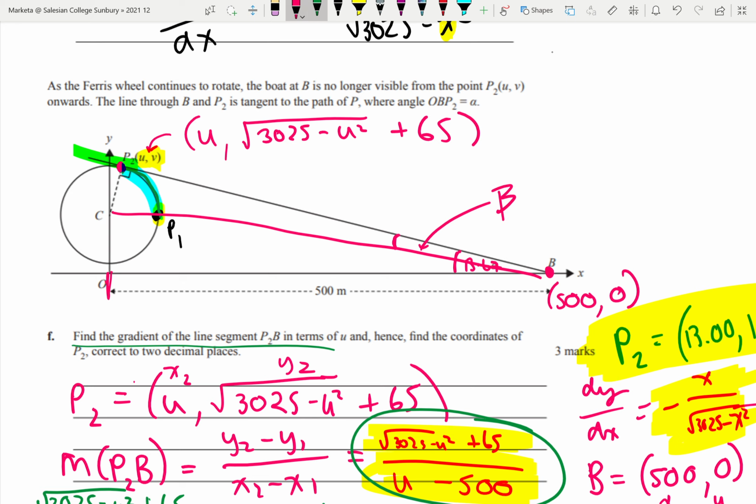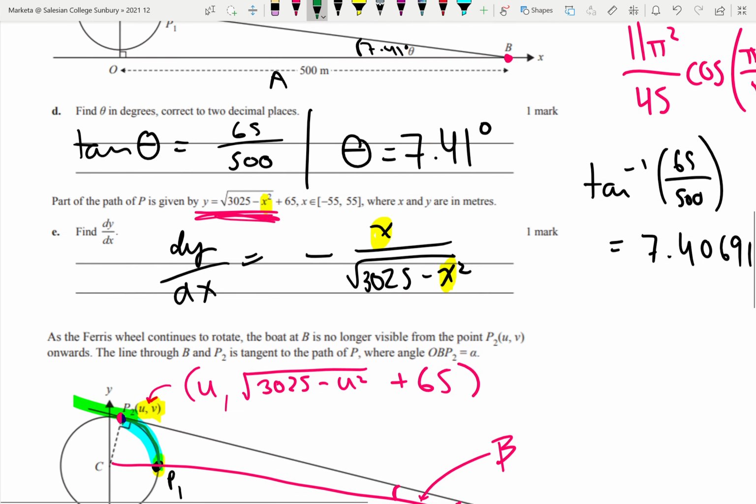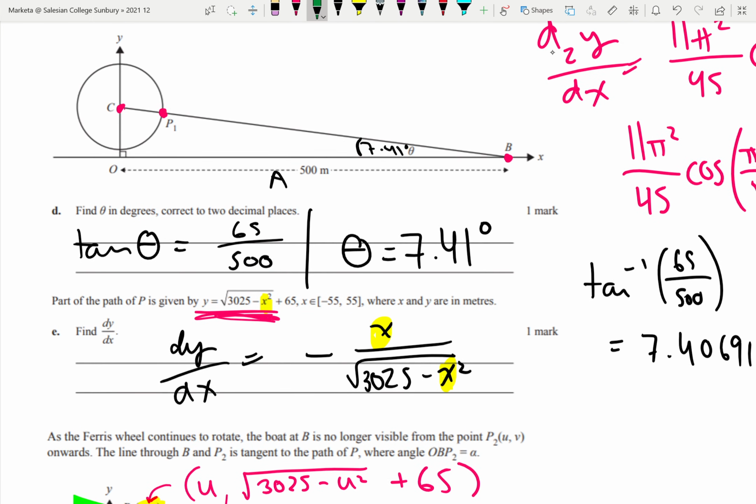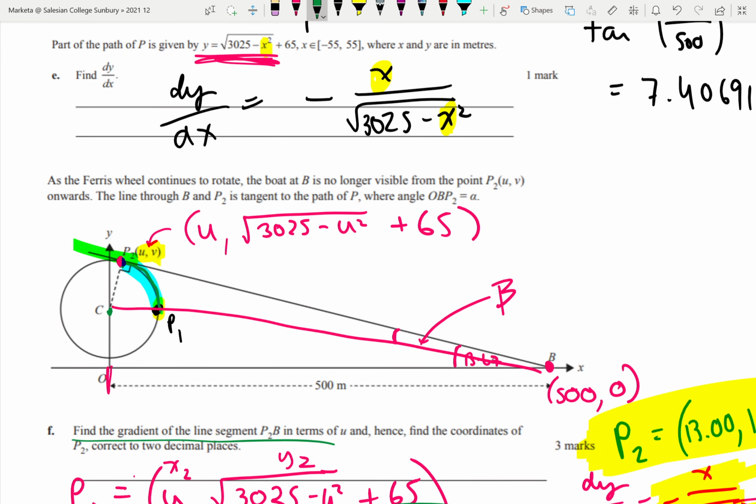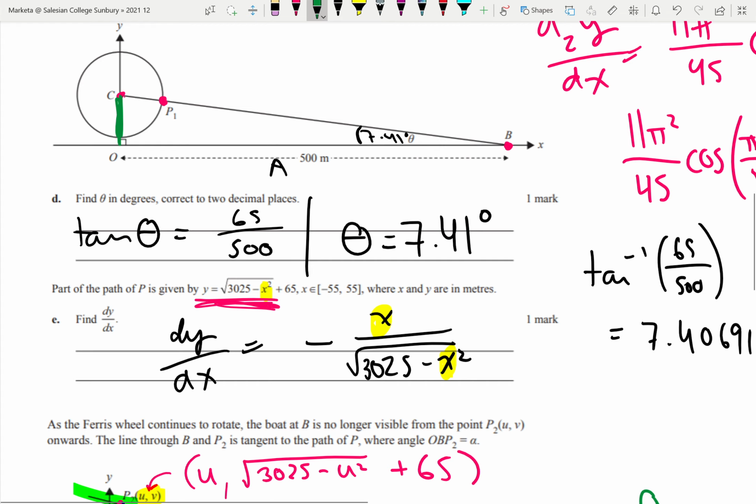So theta, and if we look back, theta 7.41 is from the center to B, and that's exactly what we need. So there's the center up to B. This angle in here is theta. So if we want to find beta, beta is going to equal our alpha minus theta, and alpha is 13.67, and we're subtracting theta, which is 7.41.